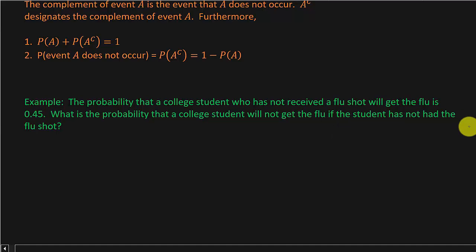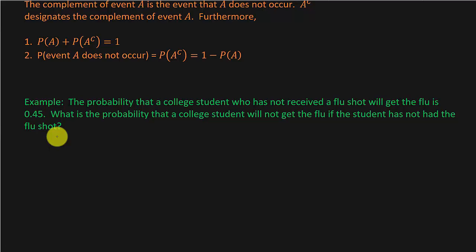That's the opposite of what it's giving you here. If they have not received the flu shot, the probability of them getting the flu is 0.45. So what's the probability of them not getting the flu?